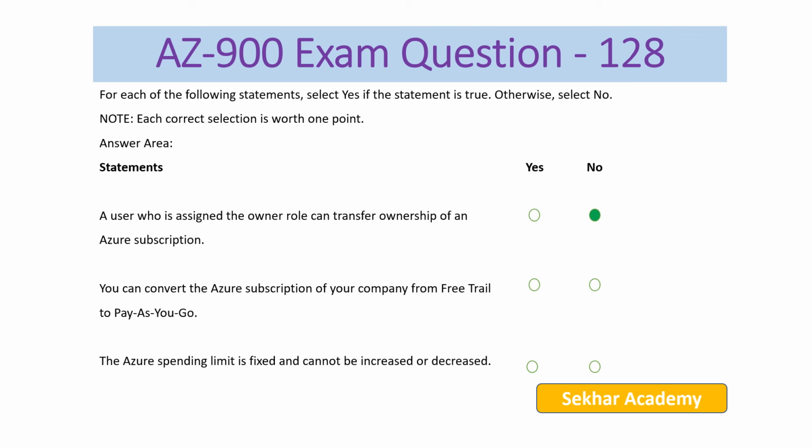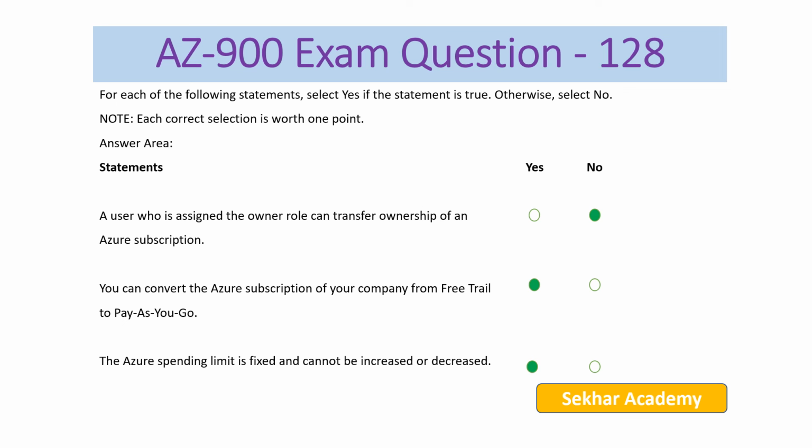The next statement is: you can convert the Azure subscription of your company from free trial to pay as you go. The right answer is yes. You can convert the free trial subscription to the pay as you go model. The next statement is: the Azure spending limit is fixed and cannot be increased or decreased.